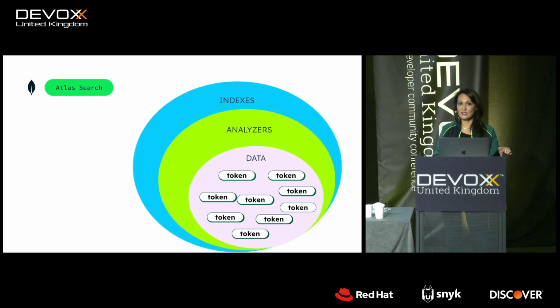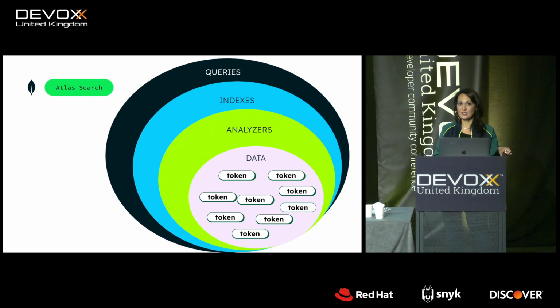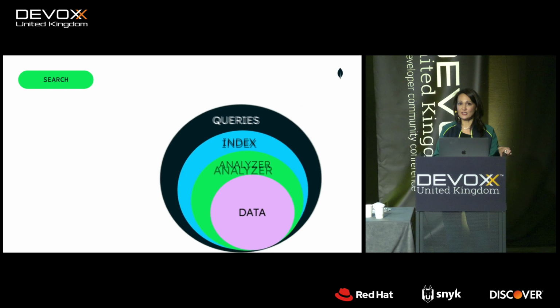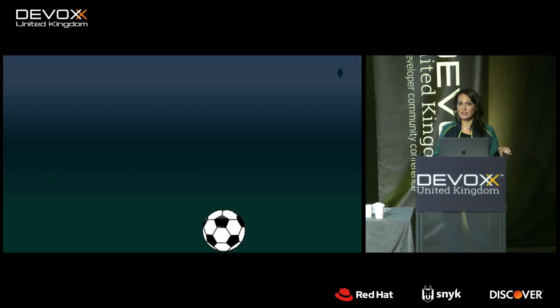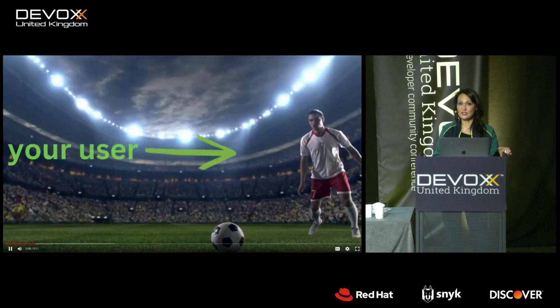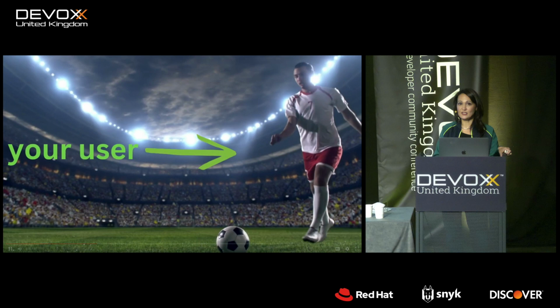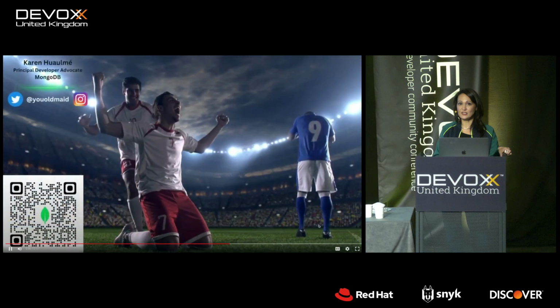Your analyzer is specified upon index creation, and you can have many different indexes. Pick the right index for that query. Once you do that, you can serve up search really well for your users. This is your user. He has all the different operators. He has the right analyzer, so he's going to be really happy here.